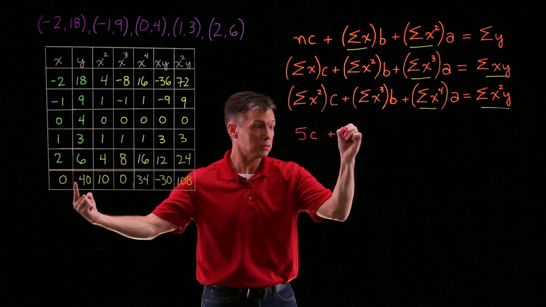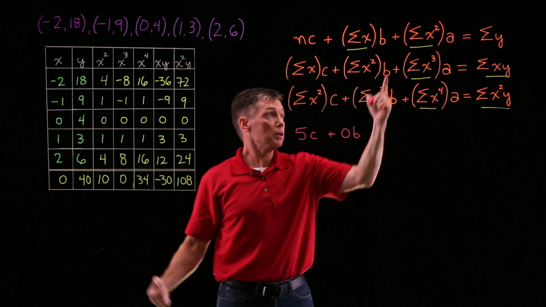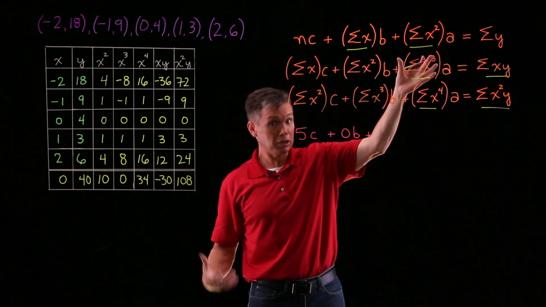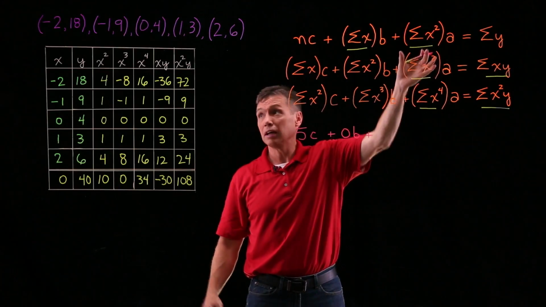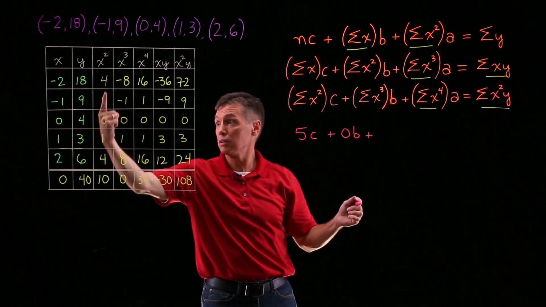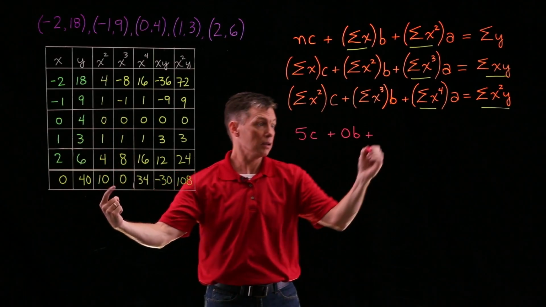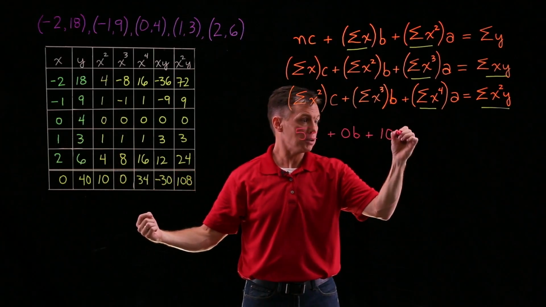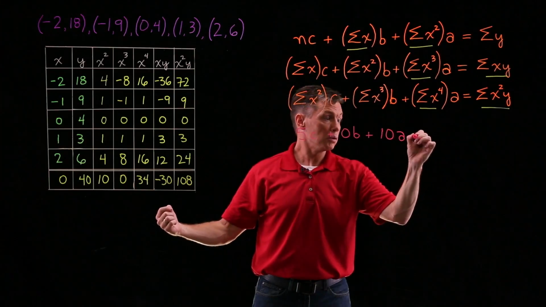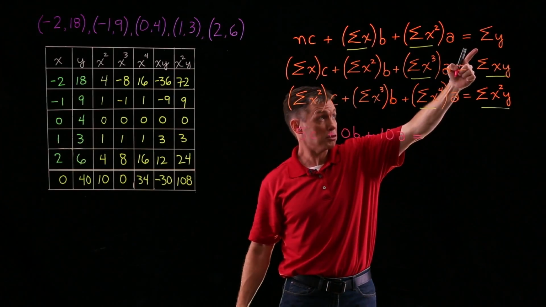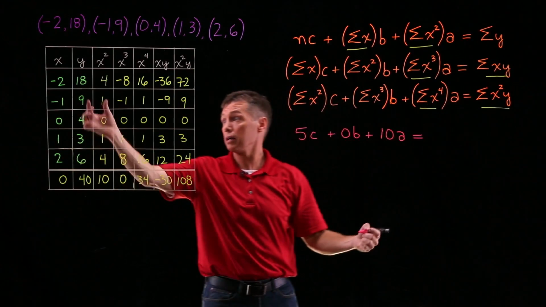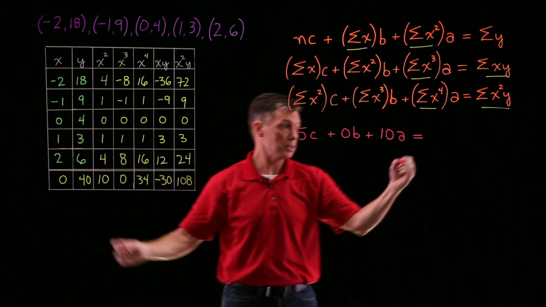So it's actually nice, 0 times b, plus the summation of the x squareds, that's the addition of this column, so that'll be the 10. So I get 10 times a equals, the right side of that first equation is sigma y, that's this column, that's a 40.